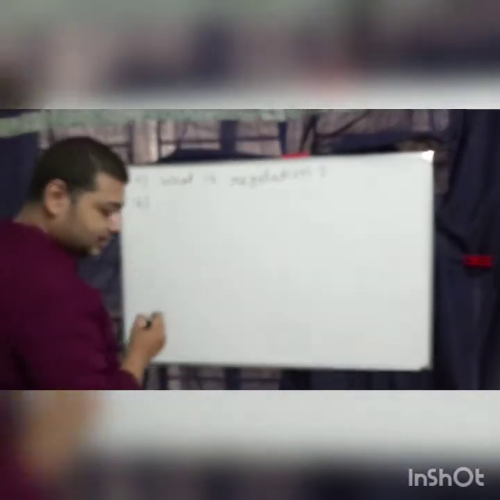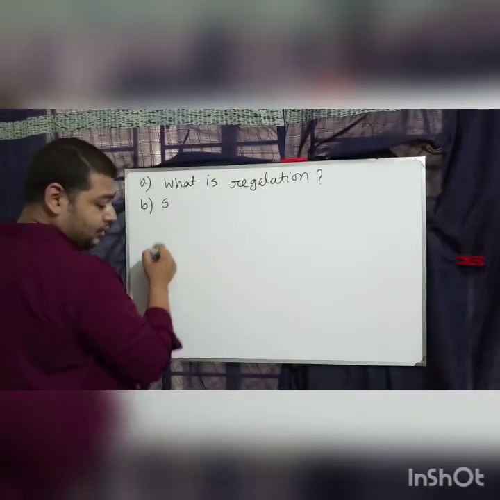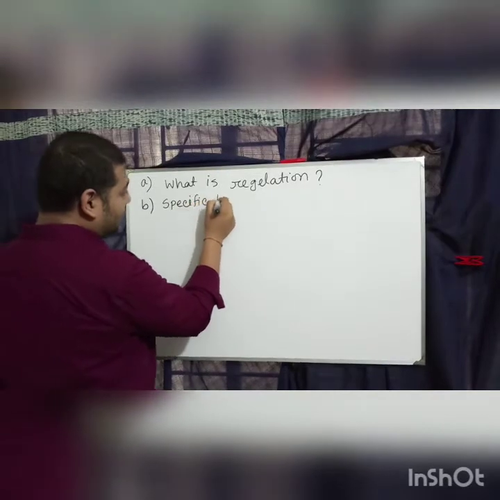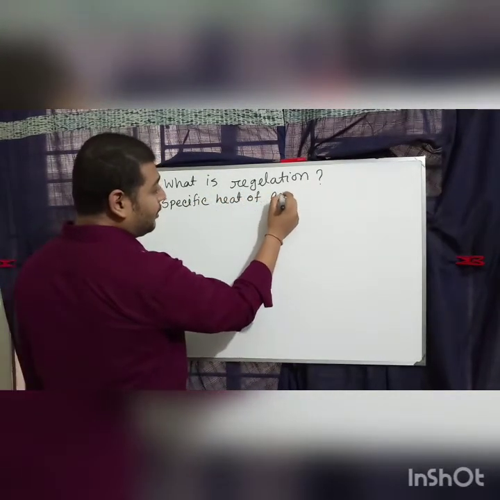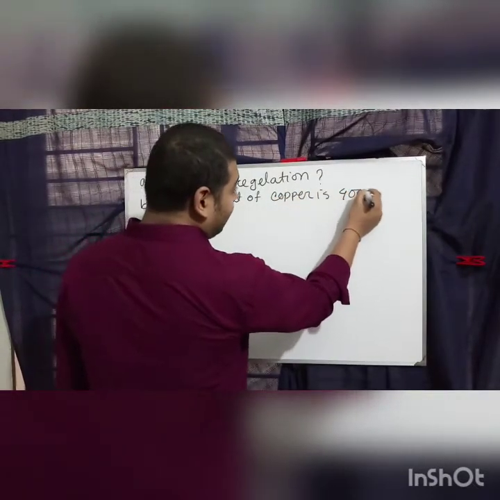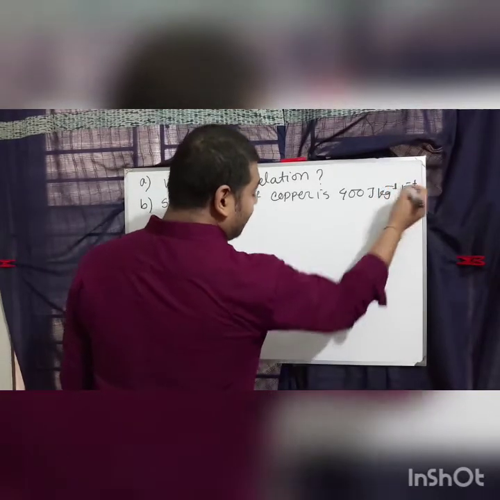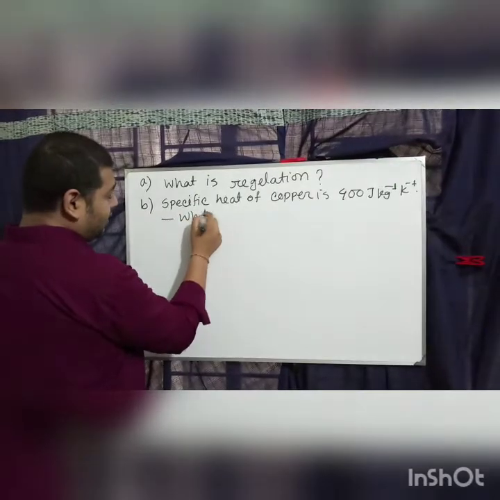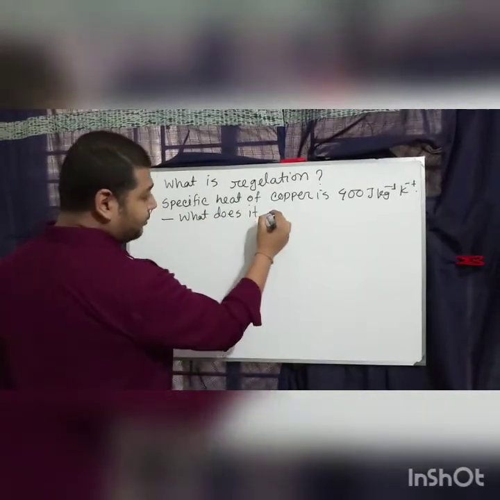B, specific heat of copper is 400 joule per kg per Kelvin. What does it mean?